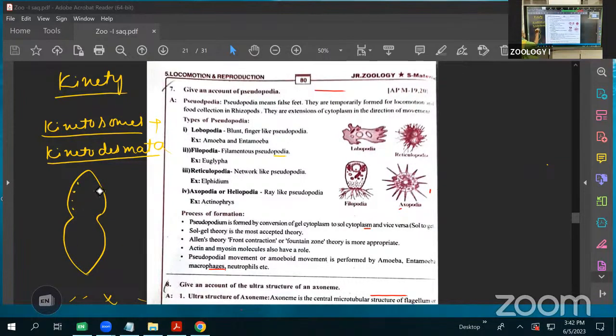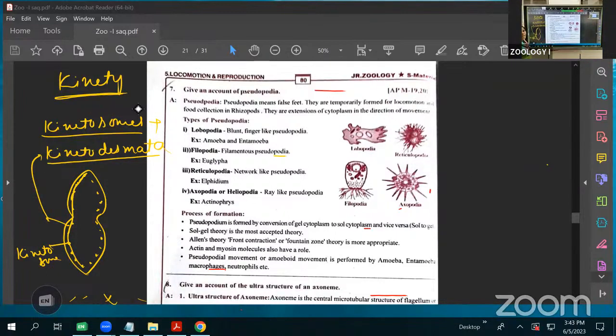They are called kinetosomes. Kinetosomes are connected by thread-like structures called kinetodesmata. A longitudinal row of kinetosomes connected by thread-like kinetodesmata is called a kinety. Kinetosomes plus kinetodesmata, collectively called kinety.